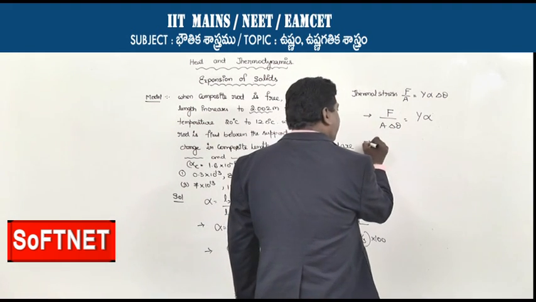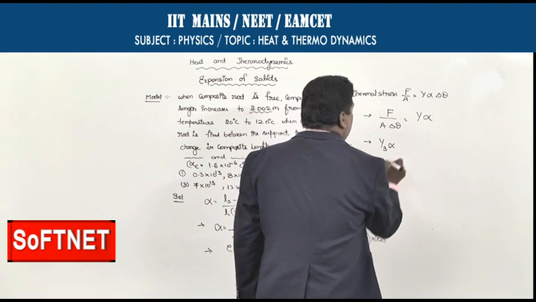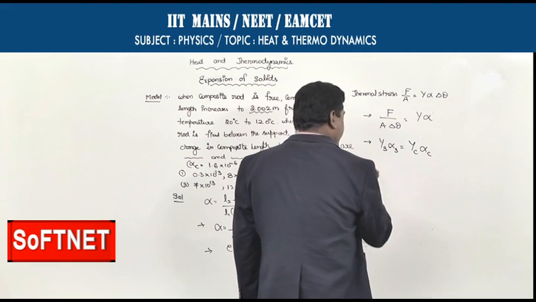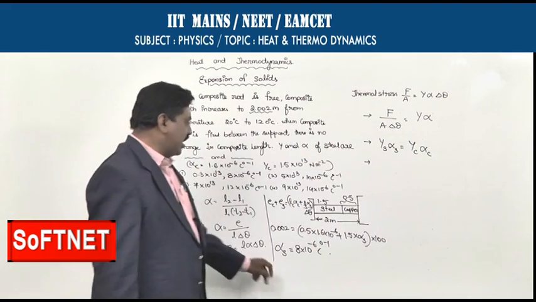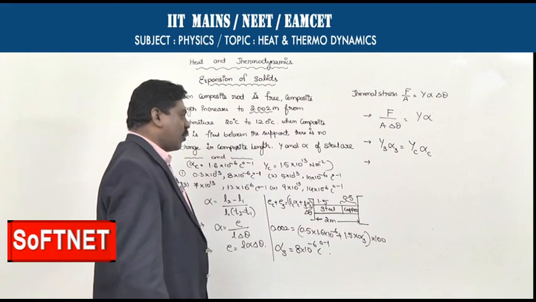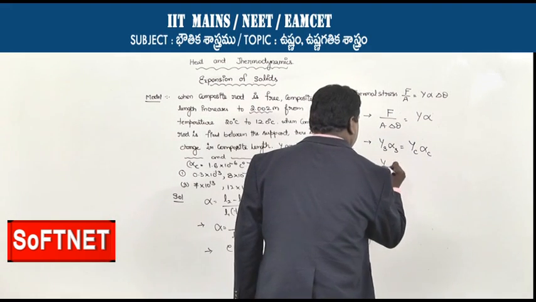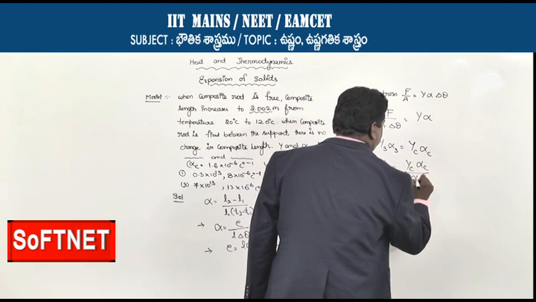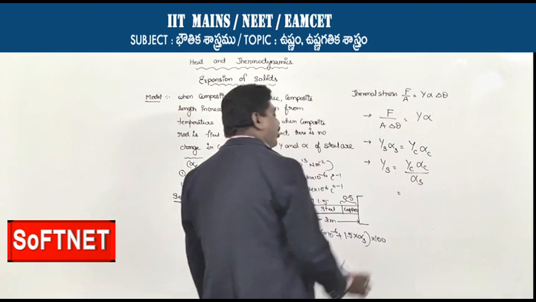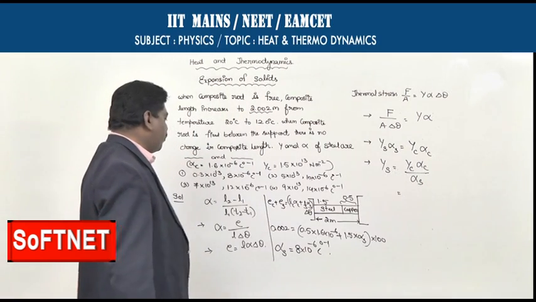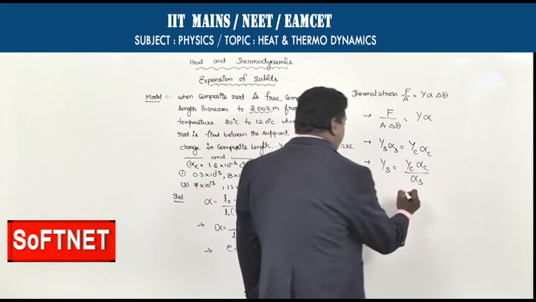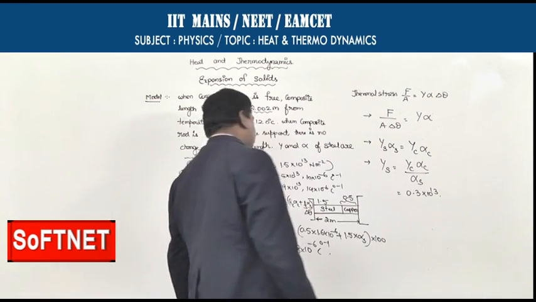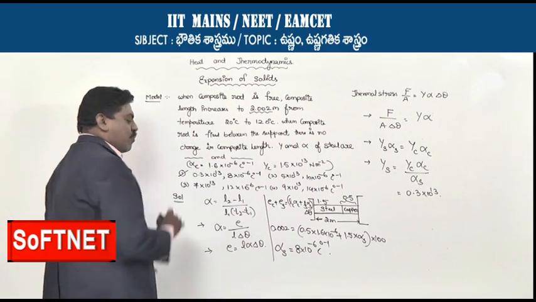Therefore, I can write Y steel into alpha steel is equal to Y copper into alpha copper. As I know alpha steel, alpha copper and Y copper, I can find Y steel. Y steel equals Yc into alpha c by alpha s. On substituting the values, we obtain the Y steel value as 0.3 into 10 to the power of 13 Newton per meter square. Therefore, our first option is correct.